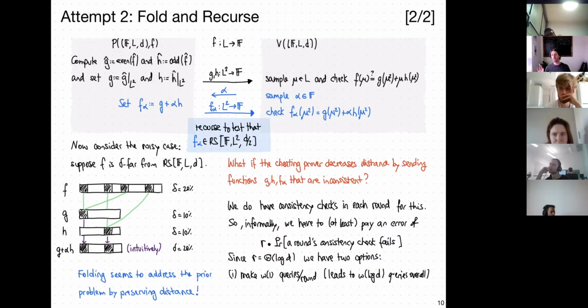If we are happy with having more than a constant number of queries, if we're happy with having log d queries every round, then we can just stop at this point. We'll have log d per round and a total of log d rounds, so we'll have log d squared, and everything would work nicely, and one can even take this exact construction, analyze it, and get a protocol. But in fact, one can do a simple trick, a small tweak of the protocol, so that we won't have to deal with that problem at all.